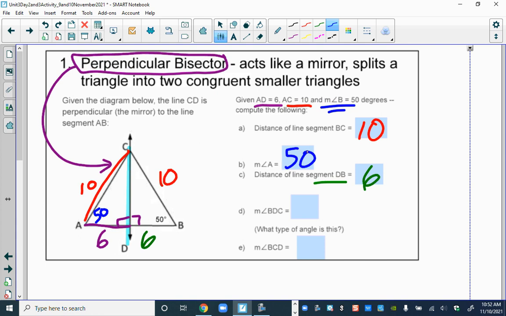Think about it like a map. What letter must we start with? Start at B. Where do we go from B? B to D, and up to C. Good.